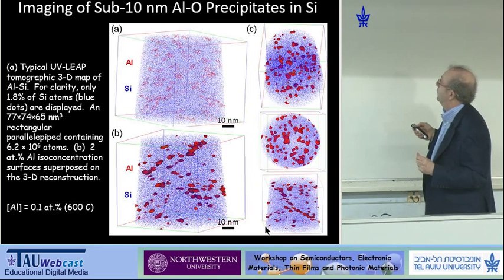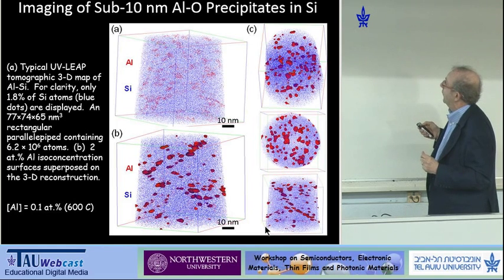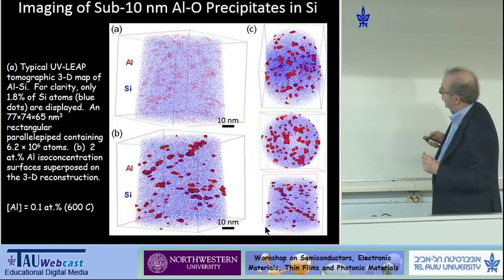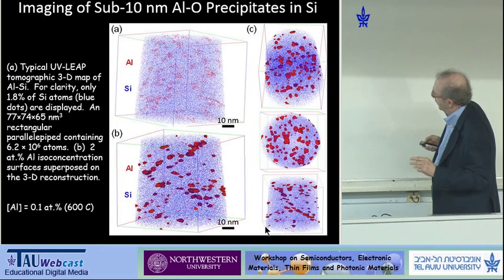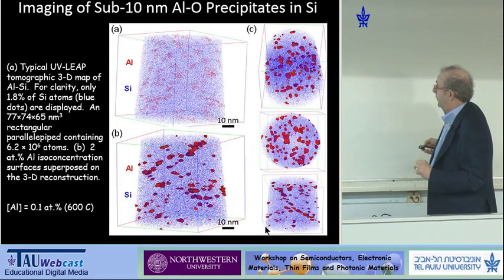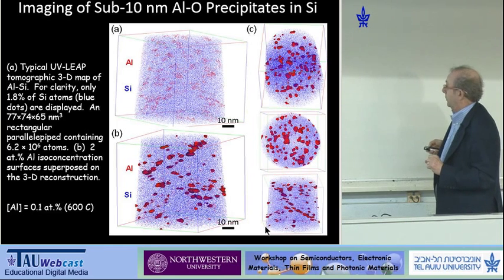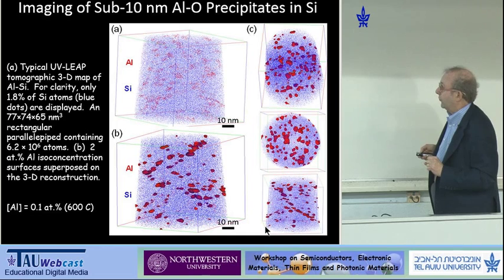So here's another view of that same data set, and here is a cross-sectional view. In this case, it's not clear. They look along a line, but I don't think that's absolutely true. What's the total aluminum concentration that we find in this data set?